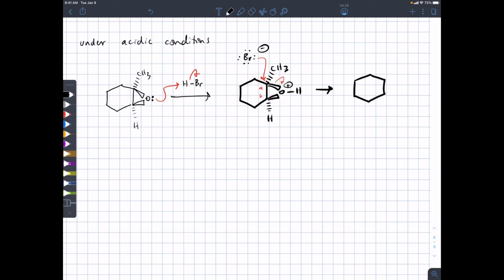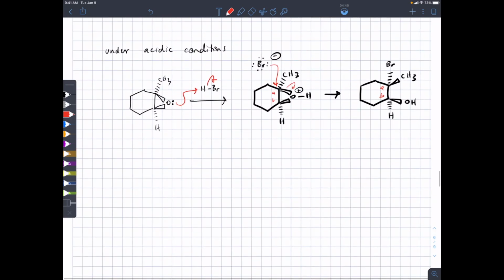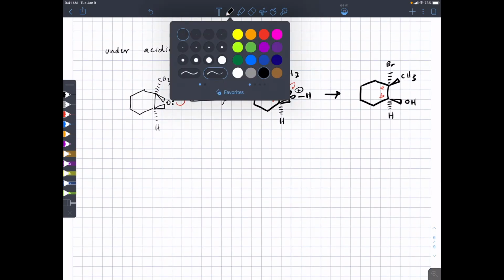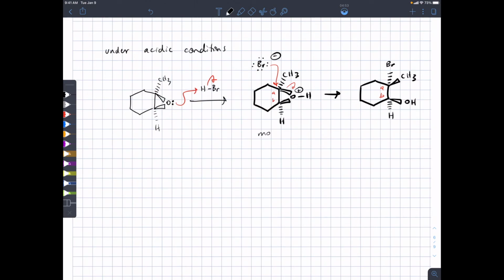It's still an SN2 reaction, but it's the more substituted carbon that gets attacked. I'm sorry, I got the wrong stereochemistry there. Br should be down, methyl group is up, OH is up here, proton is down there. Under acidic conditions, you're regioselective for attack at the more substituted carbon.